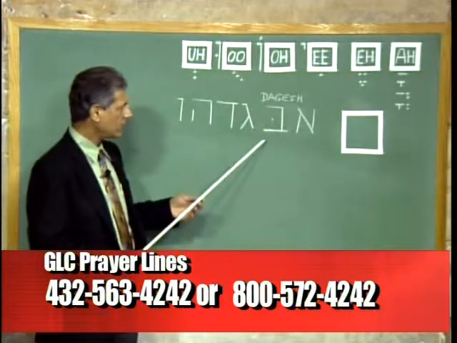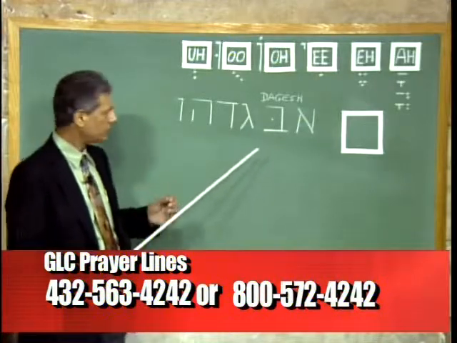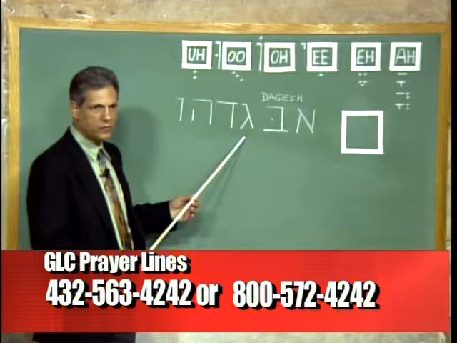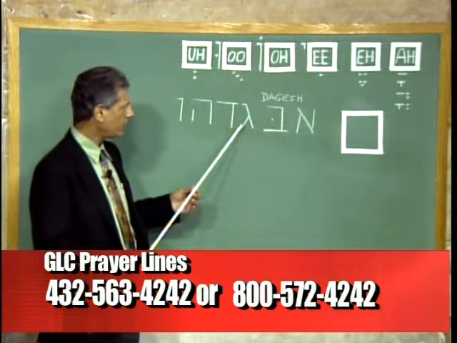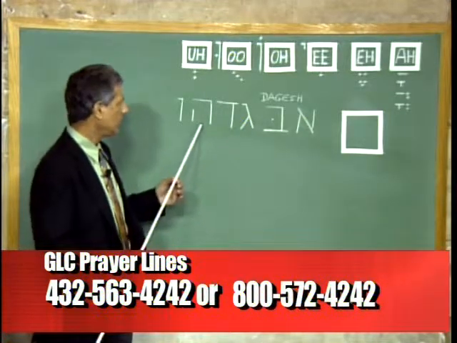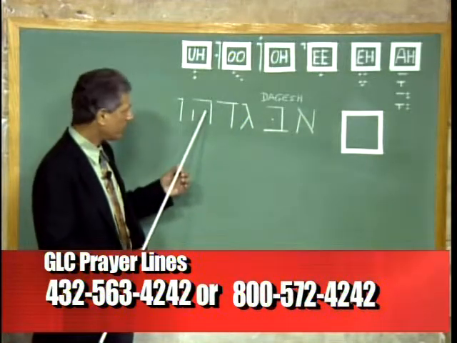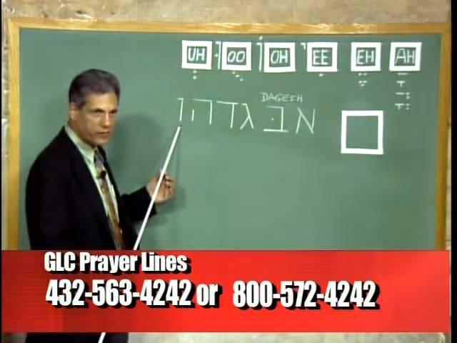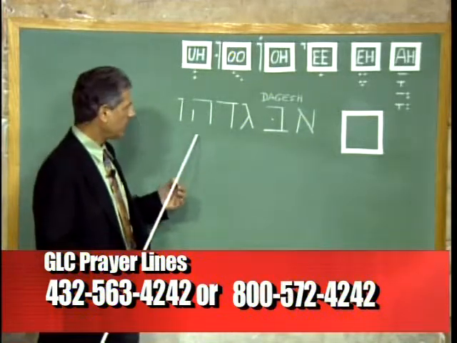Otherwise, without the dot, it's a V sound. It becomes soft. So we have the Aleph, the Bet, the Gimel, the 3rd letter, numerical value 3, the Dalet, numerical value 4, the Hey, 5, and the Vav is 6.